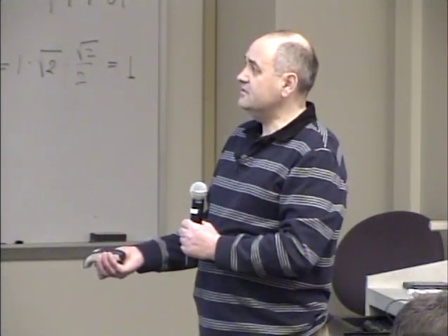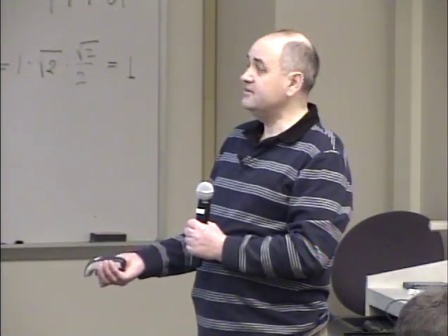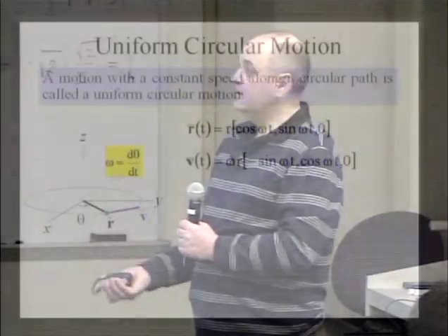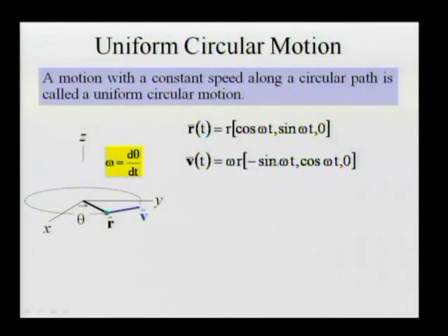Here we have a composite function. The derivative of cosine is minus sine of the same argument, and the derivative of the internal function is omega. So I take that omega over here. The derivative of the sine function is the cosine function, and the derivative of the internal function is again omega. So I use that omega twice for both terms. The derivative of a constant function, the constant zero function, is 0.